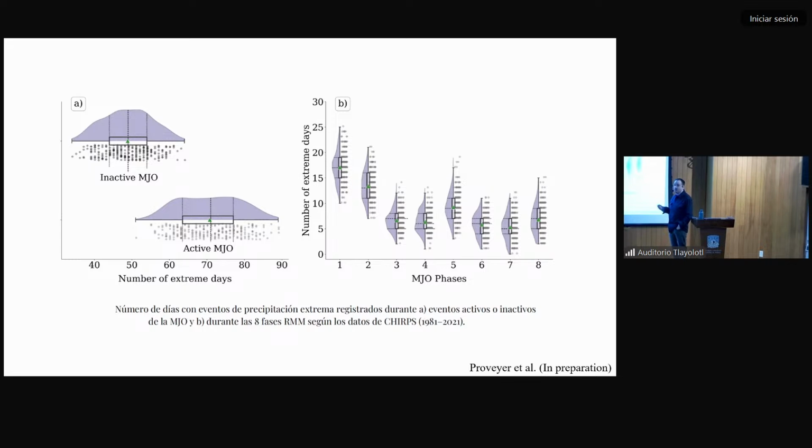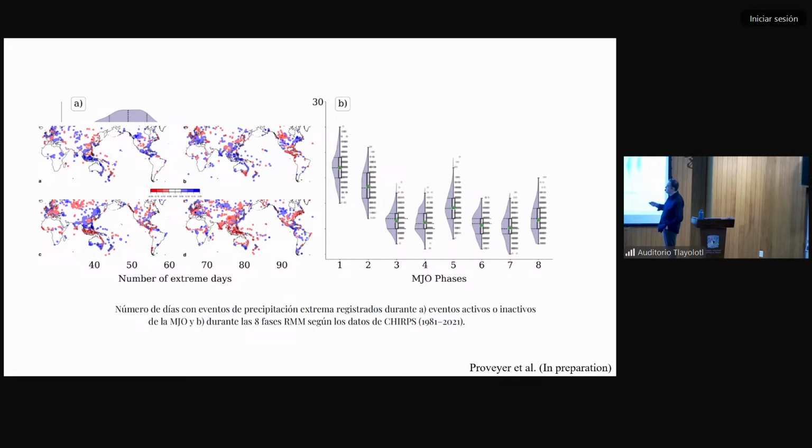And what is the teleconnection? I'm going to give you just, for example, this is very consistent with Donald's results. Look, Donald found, for example, that in this region, it's more probable to have rainfall, or more rain, in phase 2 than in phase 4, for example.